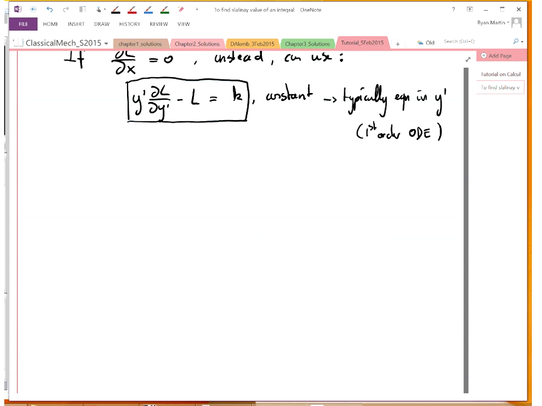So we also looked at the case when there were constraints.